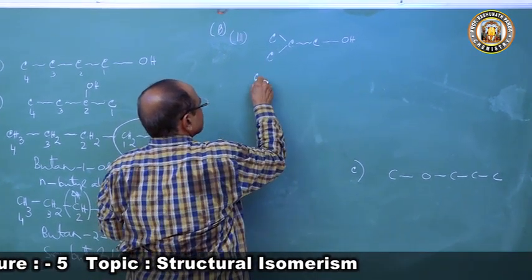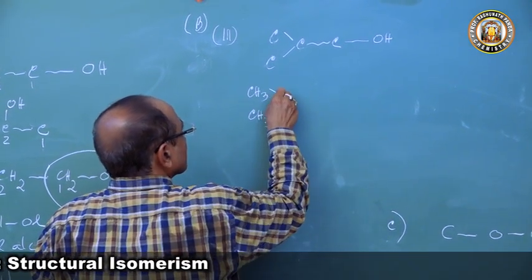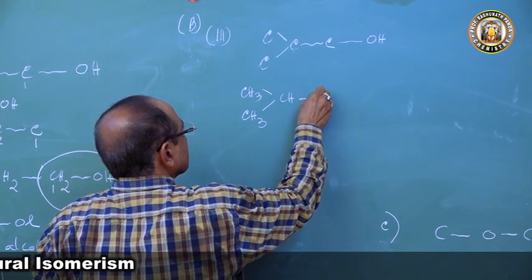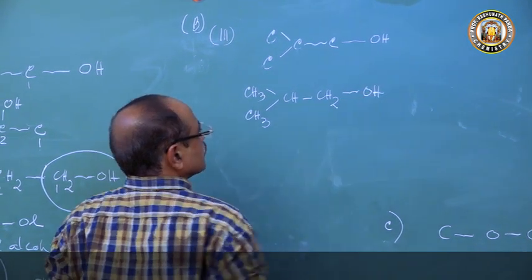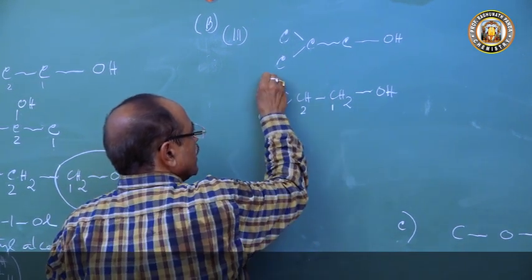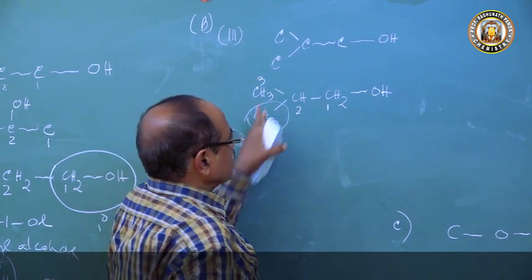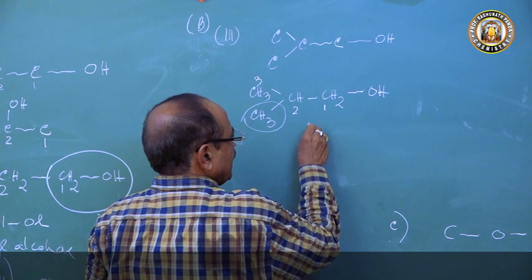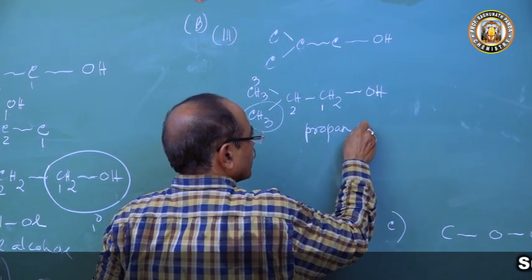So CH3, CH, CH2OH. So 1, 2, 3, and the substituent is a methyl group. So 3 carbon atoms are there. It is a derivative of propane, hydrogen gone, propan.